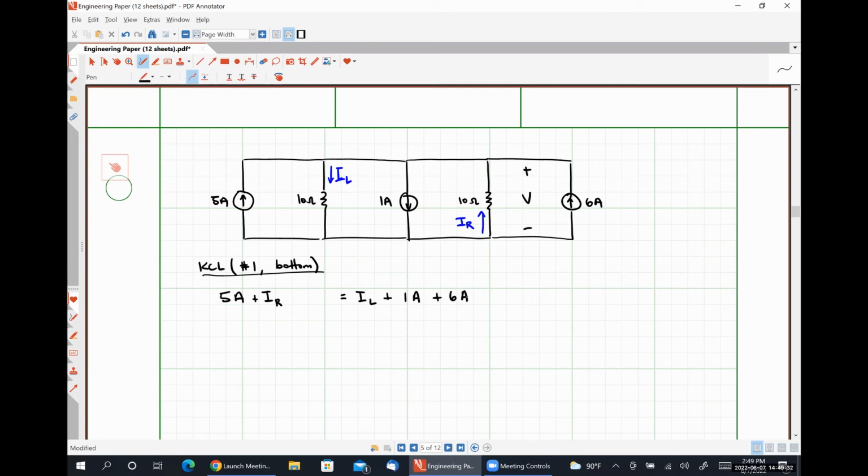And so if I do a little bit of algebraic manipulation here, what I will find is that I will have IR minus IL is equal to 7 amps minus 5 amps. I made a mistake. The 5 amps was leaving, so it should have been on this side of the equal sign.